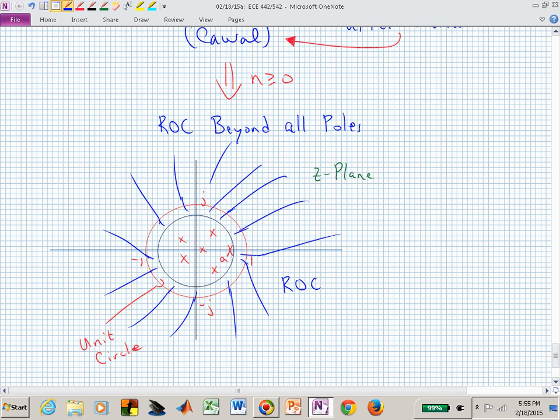And because of that, that forces this pattern on us with our region of convergence. It's always outside the largest pole. And that's because we pick this region of convergence, or this region of convergence is defined to give us bounded infinite sums. That's how we pick the region of convergence, or we define it.